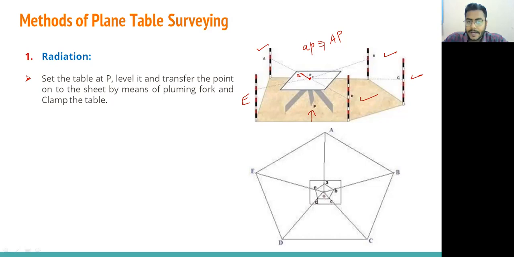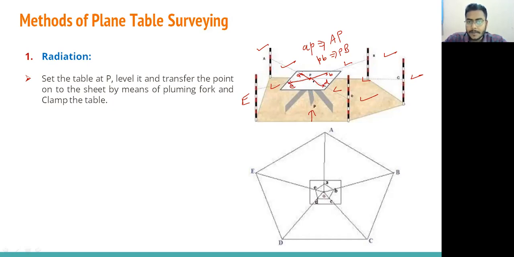Now we sight station B, and small b represents station B. Then we sight D and E, and we measure the distances PA, PB, PD and so on, and mark the points by cutting off these distances.